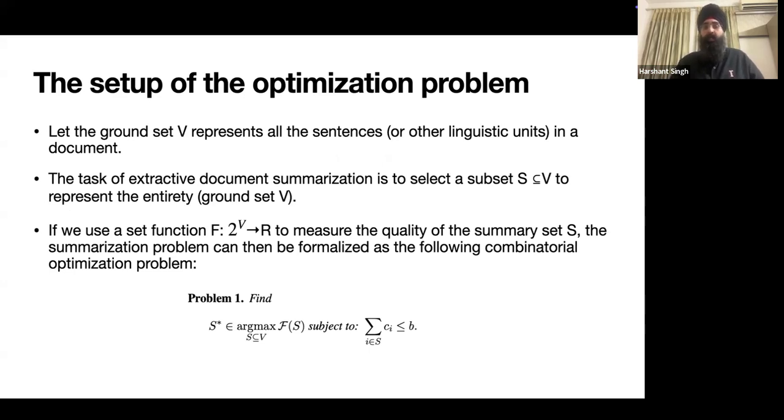The task of extractive document summarization is to select a subset S to represent the entirety of the set. V is the set of all sentences in a document, and you have to select a subset of that big set that optimizes a particular objective function. That is the task of extractive summarization.